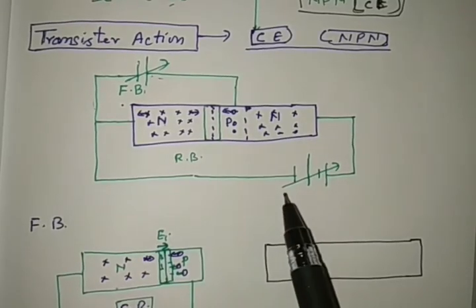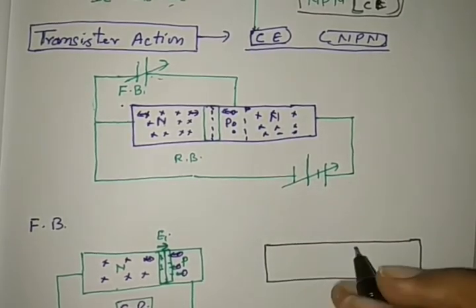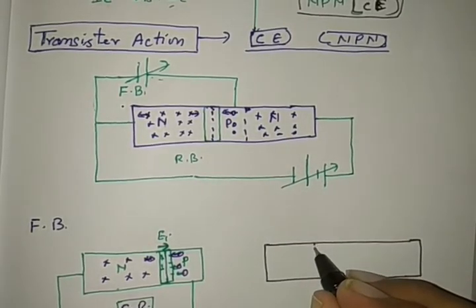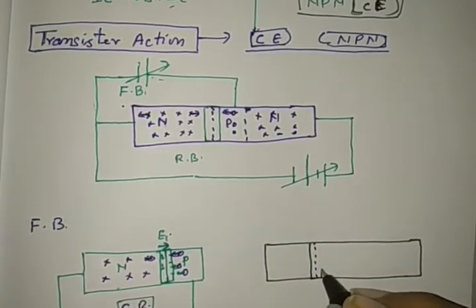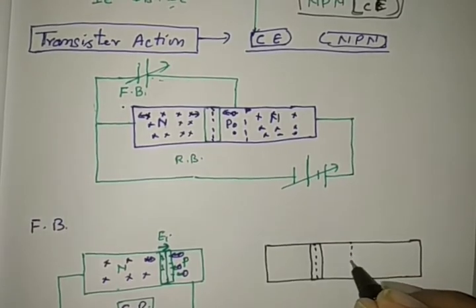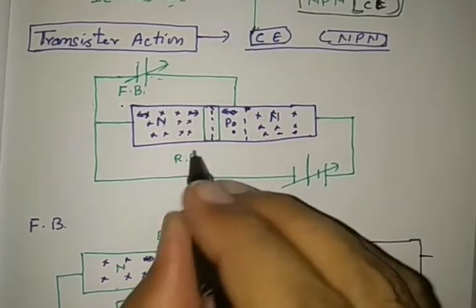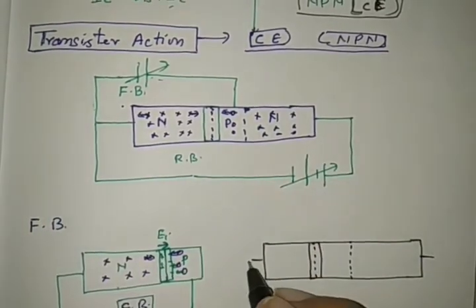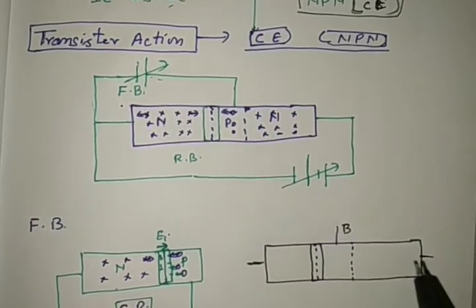Now see the current mechanism in reverse bias. To make a reverse bias, first of all see the first junction, which we explained shrinks. We are going to see the position of the next one here. Two terminals are available. See reverse bias. The base is open here.